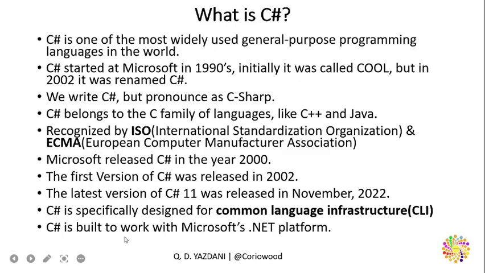C Sharp is built to work with Microsoft's .NET platform. If you haven't seen CLI before, it is the common language infrastructure. CLI is a standard for describing executable code and the environment in which it runs, and it is an open specification developed by Microsoft and standardized by the International Organization for Standardization. Later on we're going to explain in depth what CLI is, and in short, CLI is the ground for creating execution and development environments in which languages and libraries work together continuously.